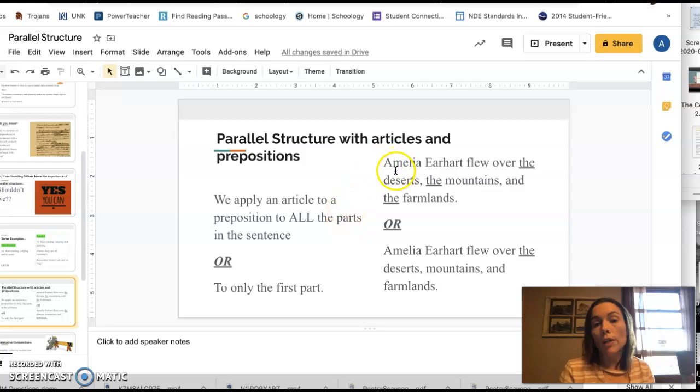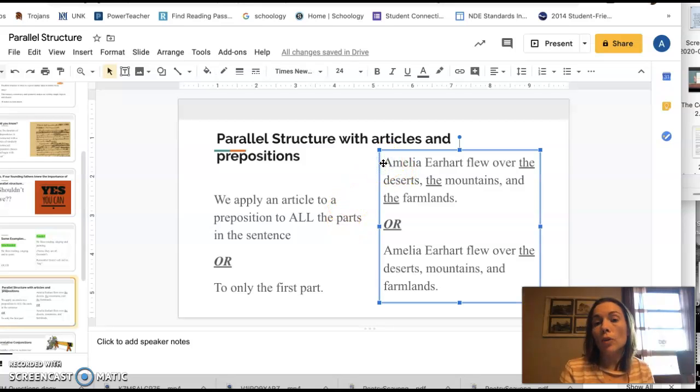If you look over here, Amelia Earhart flew over the deserts, the mountains, and the farmlands. Notice I put "the" in front of each one. That is parallel. Or I could just put the word "the" in front of the first one. Amelia Earhart flew over the deserts, mountains, and farmlands. Both are parallel. The covers all three here, and in this case, the, and the.